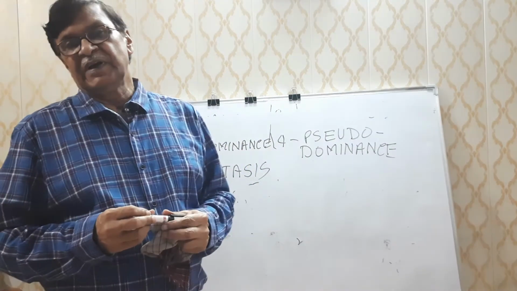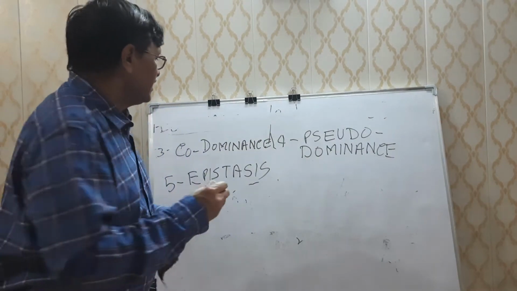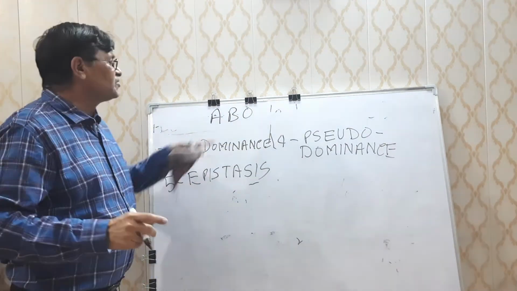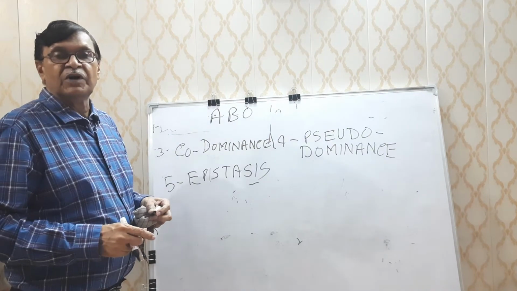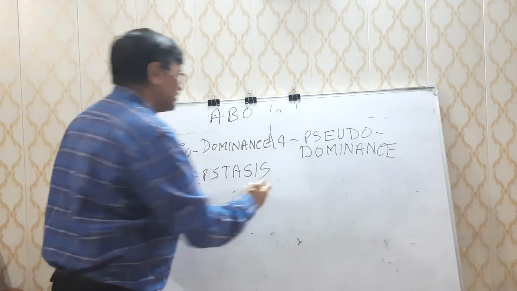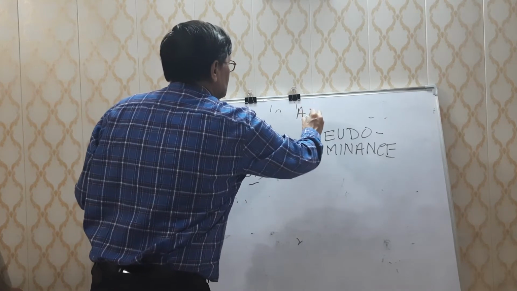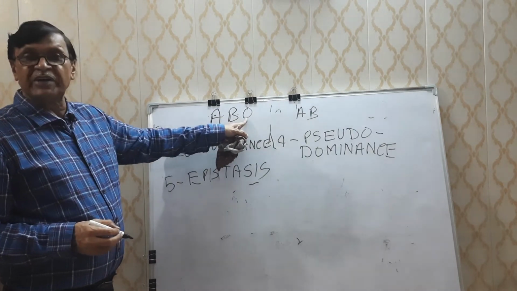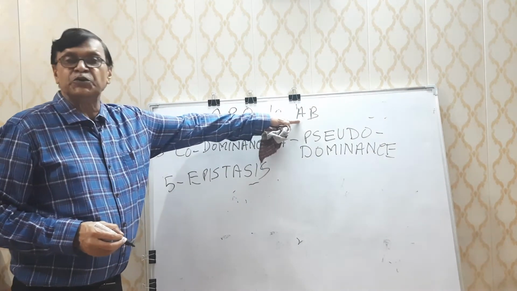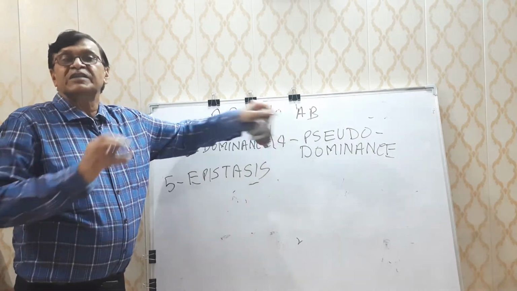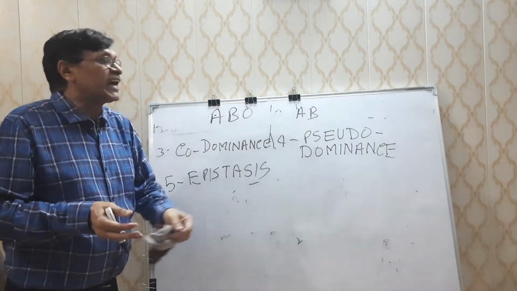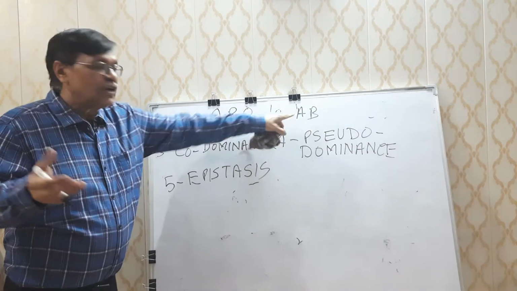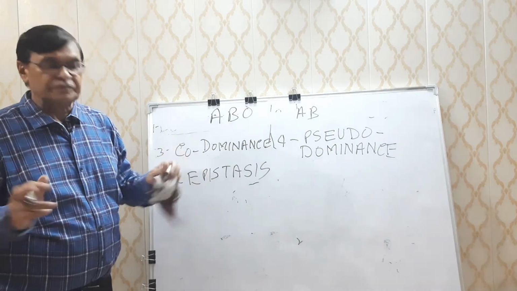For example, in case of human blood group ABO, where we have 3 alleles A, B and O. Now if there is one individual having A, B. Here A is dominant over O, B is dominant over O, but when both are present together, A and B, instead of getting intermediate phenotype, both A and B show their effect fully. So it is called codominance.